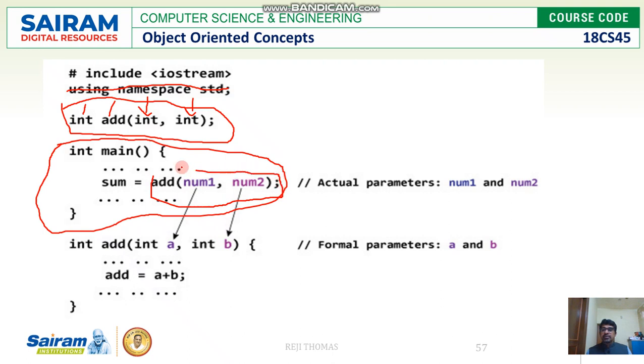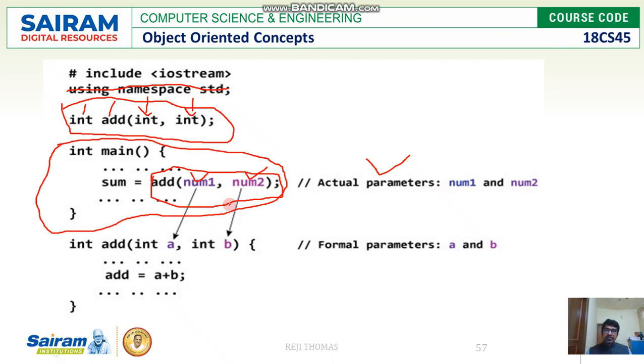Add is a function which takes two parameters. And what are num1 and num2? Num1 and num2 are known as actual parameters. Please do remember, what is there in the function call is known as the actual parameters.